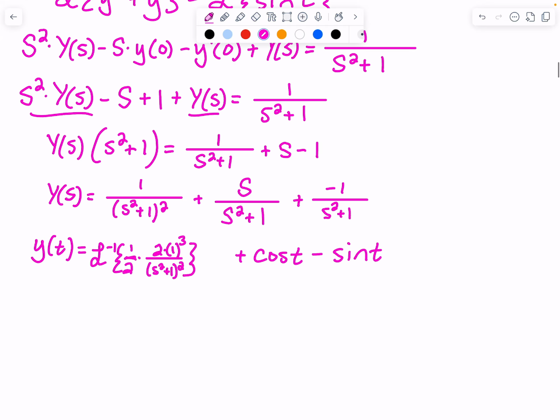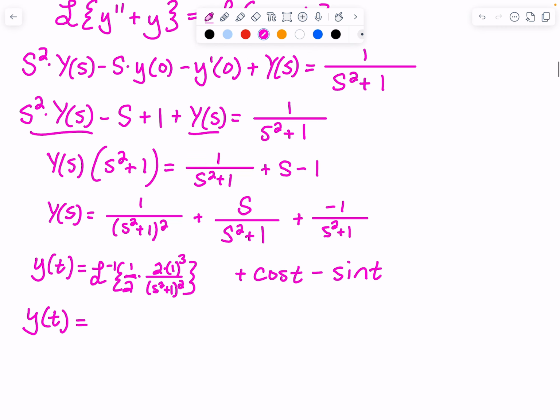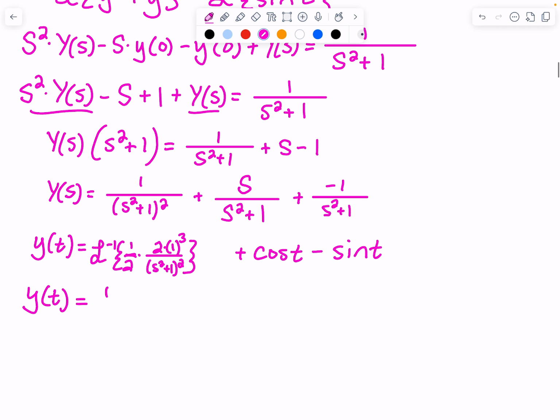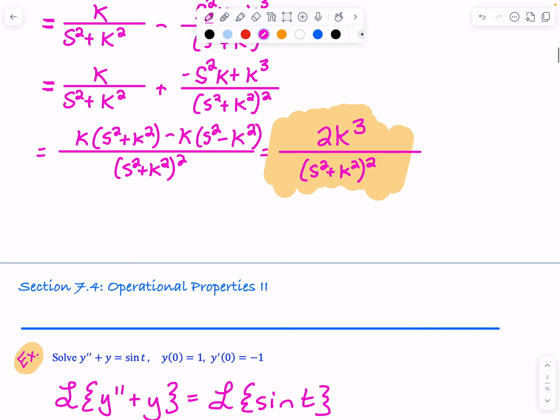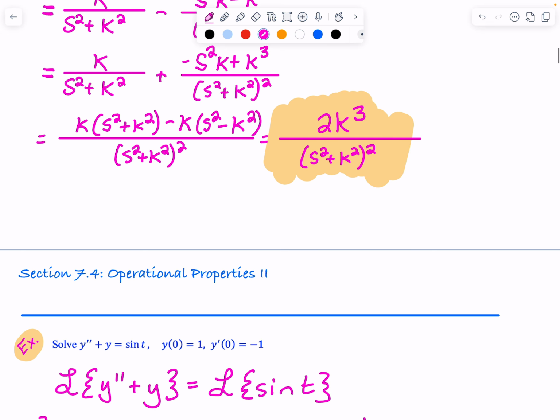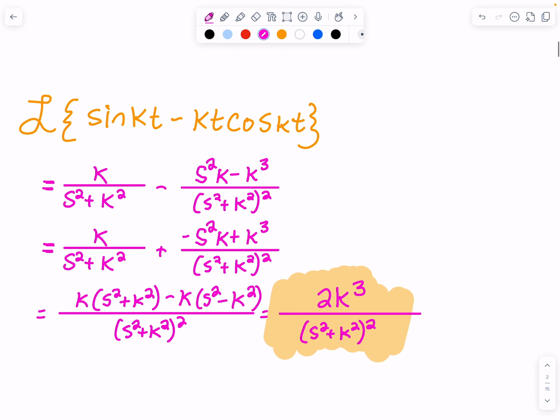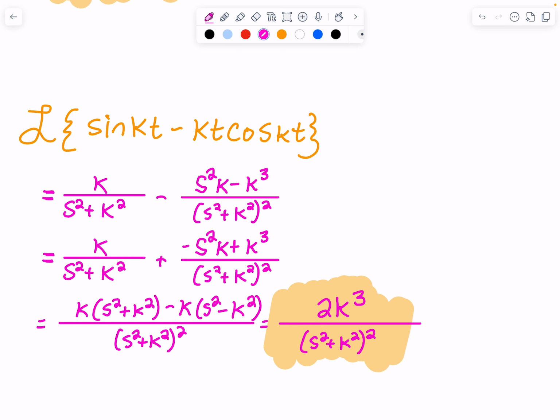But the reason I did that is that if we go back to that last page, I'm going to get the 1/2. Let's put that out front. And then take a look at this right here. Do you see how that is exactly what that is there? But k is 1, so this is actually all of that.